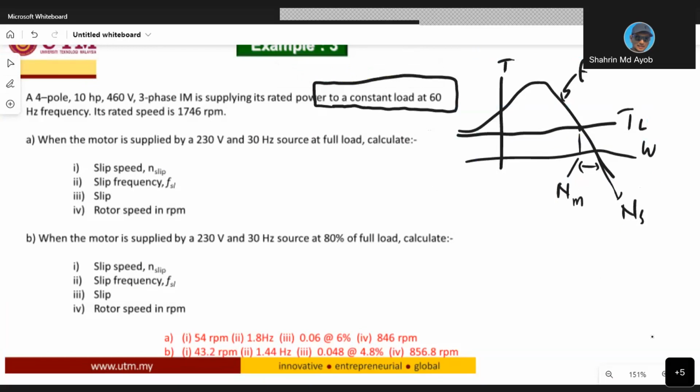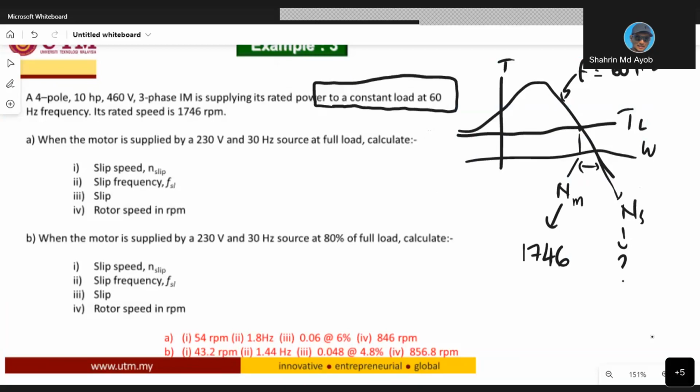So this one, the frequency is given as 60. This is actually 60 Hertz. And then the motor speed is also 1746. Okay. So this one is not known, but you can obtain it. The answers are all here. You can try first.